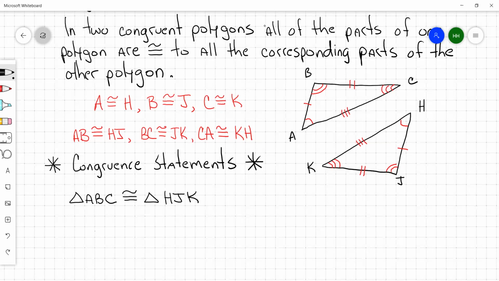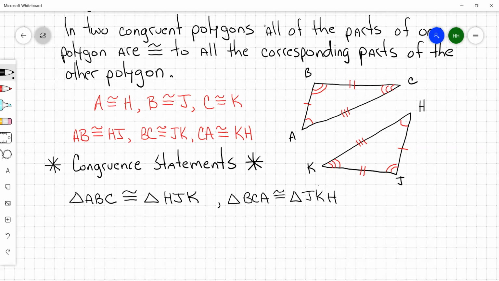Because there's another way you can write this same congruent statement. You can write it as triangle BCA is congruent to triangle JKH. And do you see how everything still corresponds? All right. B is still in the same position as J. They're both listed first because B is congruent to J. C and K are in corresponding positions.